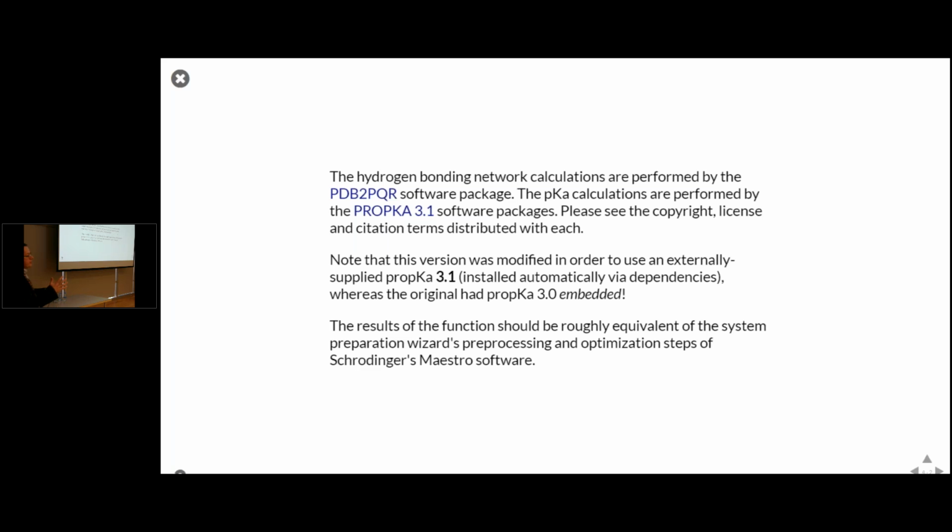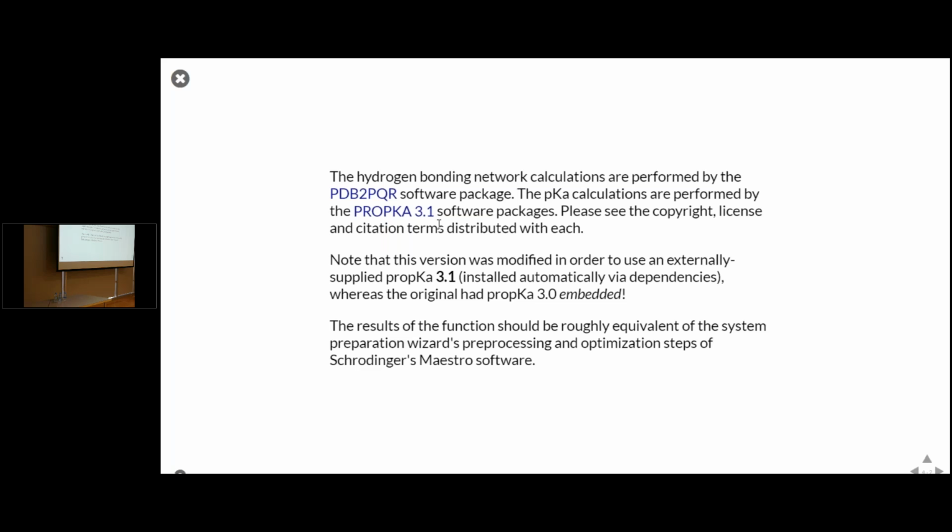This combinatorial optimization within the PDB is done by PDB2PQR. For the description of the algorithm, I suggest that you go to their website, which has a kind of flowchart which explains in which order these steps are done. The pKa calculation is done by PropKa 3.1.